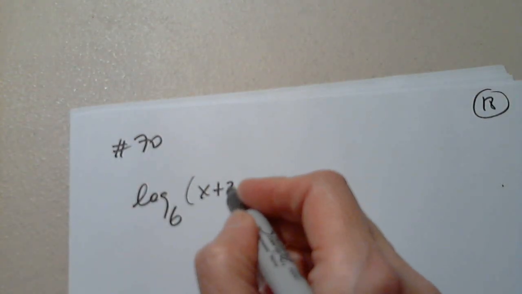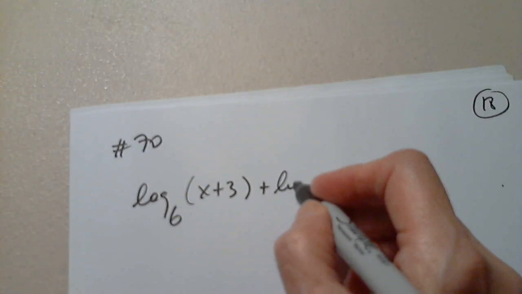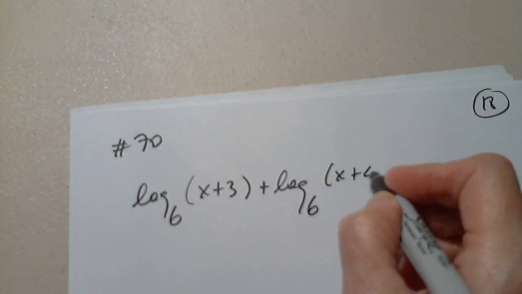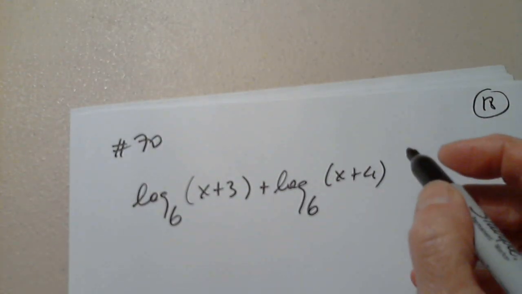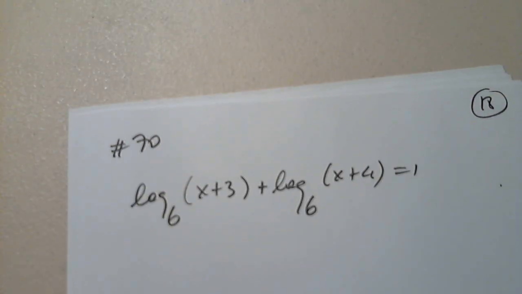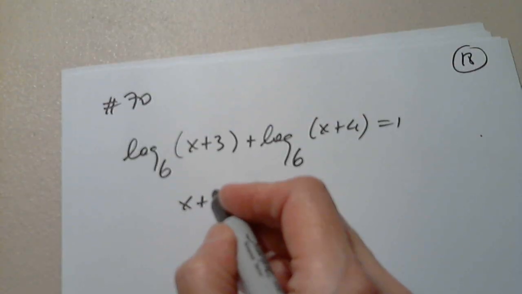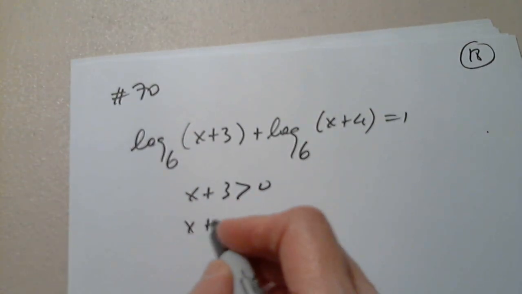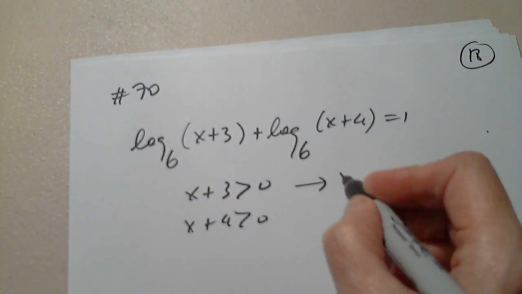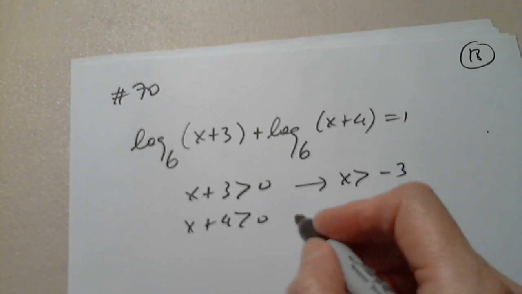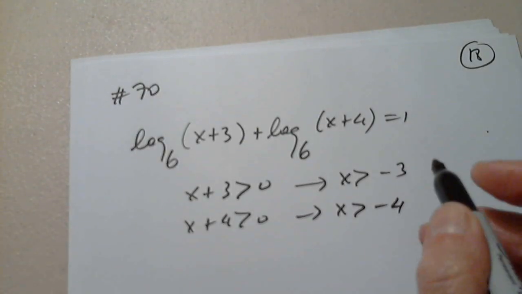In 70, we have log base 6 of x plus 3 plus log base 6 of x plus 4 equals 1. The same as before, x plus 3 greater than 0 and x plus 4 greater than 0. This is greater than negative 3, and this is greater than negative 4.